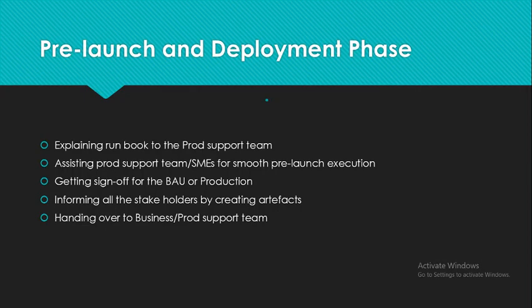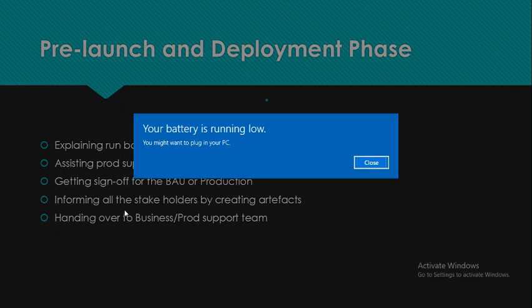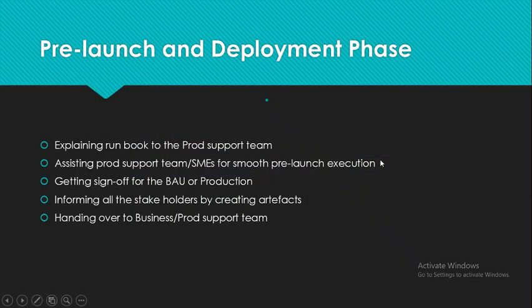In the hypercare phase, you'll have to assist the production support team and also the SMEs, and you'll have to run all the pre-runs of the bot and execute all the cases, based on the contract or the agreement with the SMEs. You'll have to agree upon how many sample cases, or what percentage of the cases, has to be taken into consideration for this pre-launch.